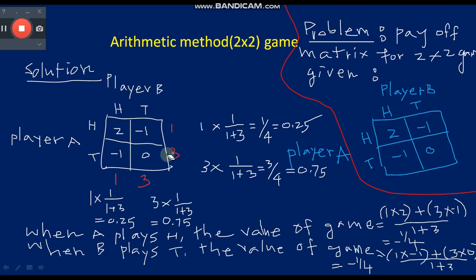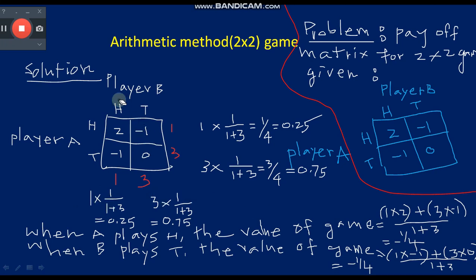Now here, 3 by 1 plus 3: out of 4, 3 times player A uses the second strategy. That is 0.75, and the total comes to 1. Therefore player A uses the first strategy 0.25 and the second strategy 0.75, that is 75 percent, or 1 by 4 and 3 by 4.